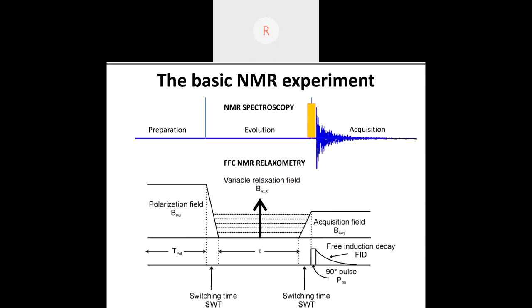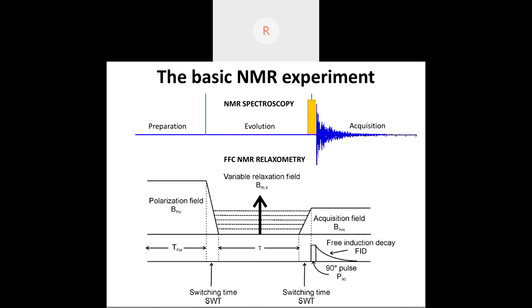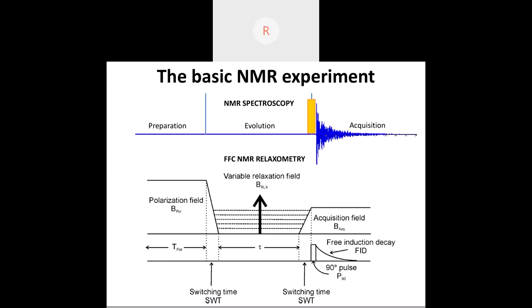I know that we are in a meeting where all of us are NMR people, so this is simply a slide showing the relationship between the normal spectroscopy and the relaxometry. I like this slide because it is really didactic from this point of view, and it shows that what we have in NMR spectroscopy, we also have in fast field cycling relaxometry: the preparation, evolution, and acquisition.